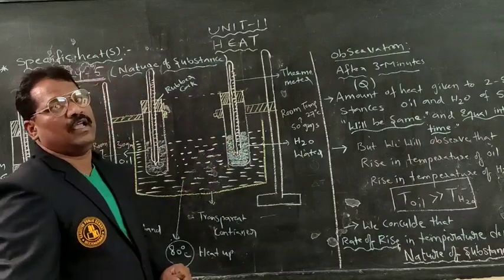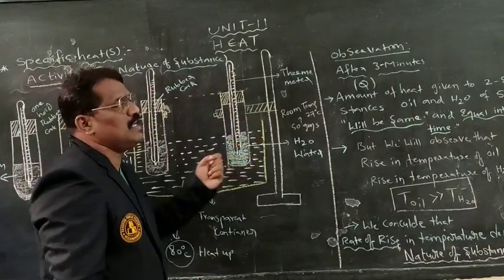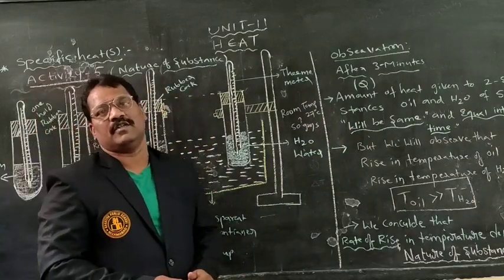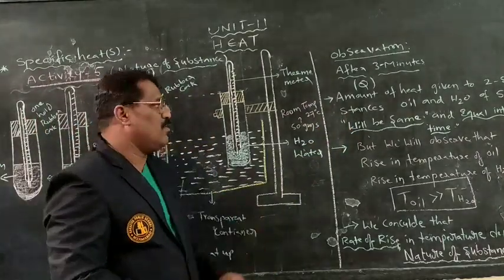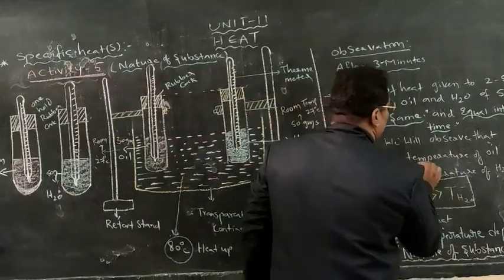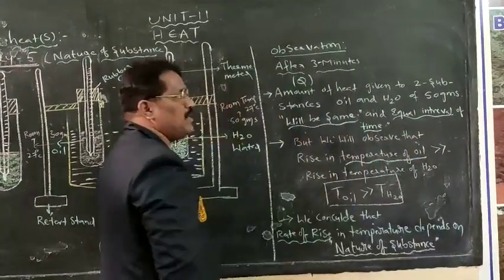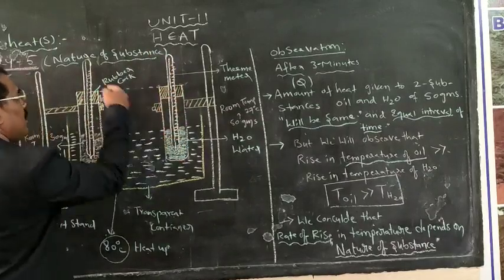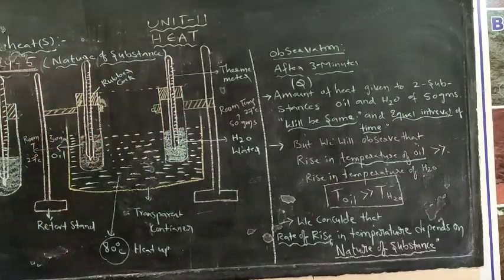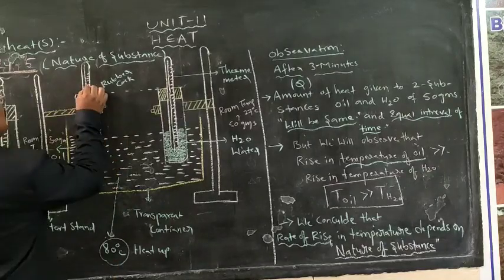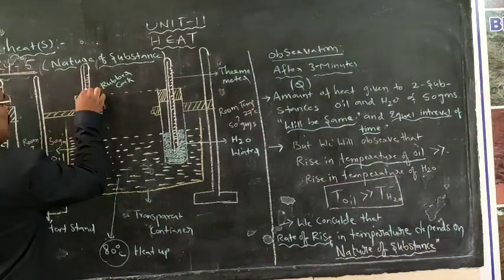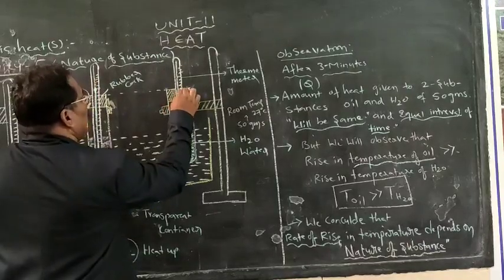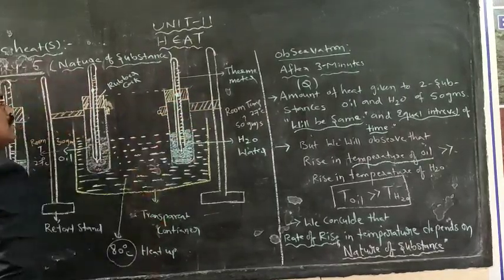Later on, the second observation: as we are giving equal amounts of heat for both substances, water as well as oil, of 50 grams each in equal intervals of time, we will also observe the rising temperature of oil. If you see the readings, the level of mercury in the thermometers, we will observe clearly that, for example, for oil the rising temperature will be a little bit higher compared to that of what?